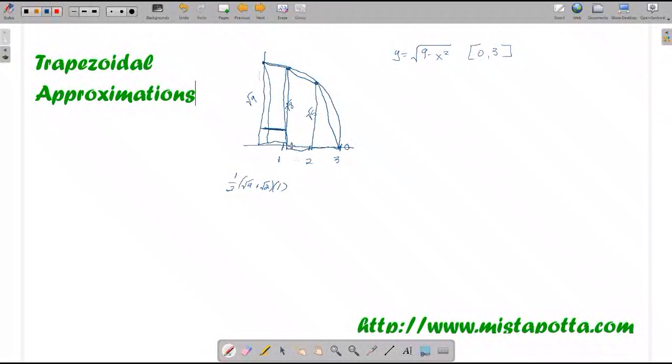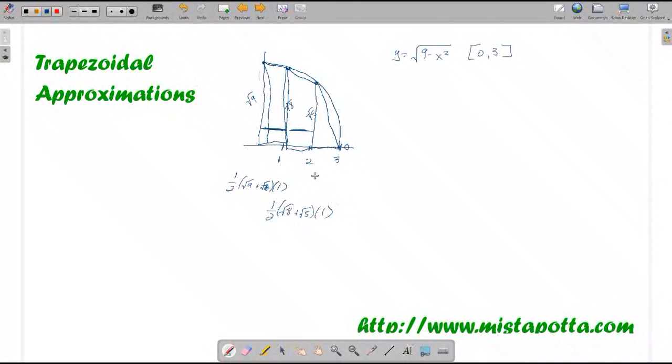Over here, this trapezoid is going to be 1/2 times the square root of 8 plus the square root of 5, times my height of 1.